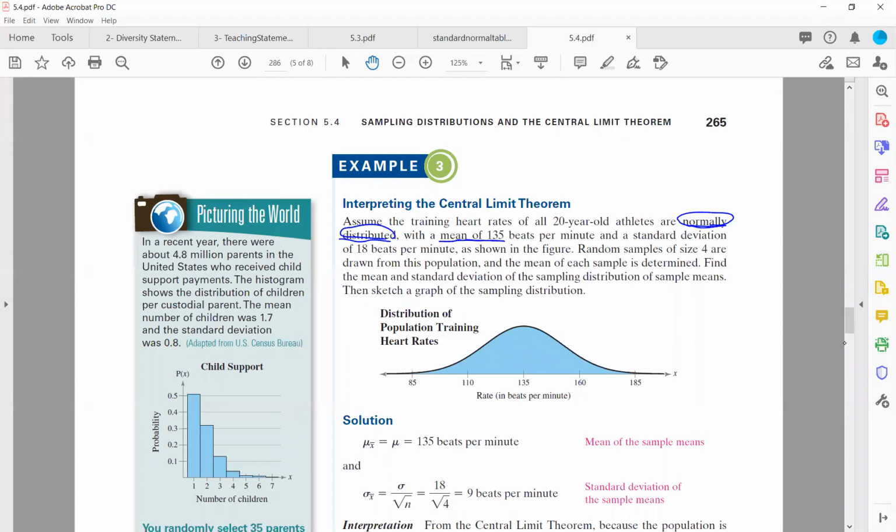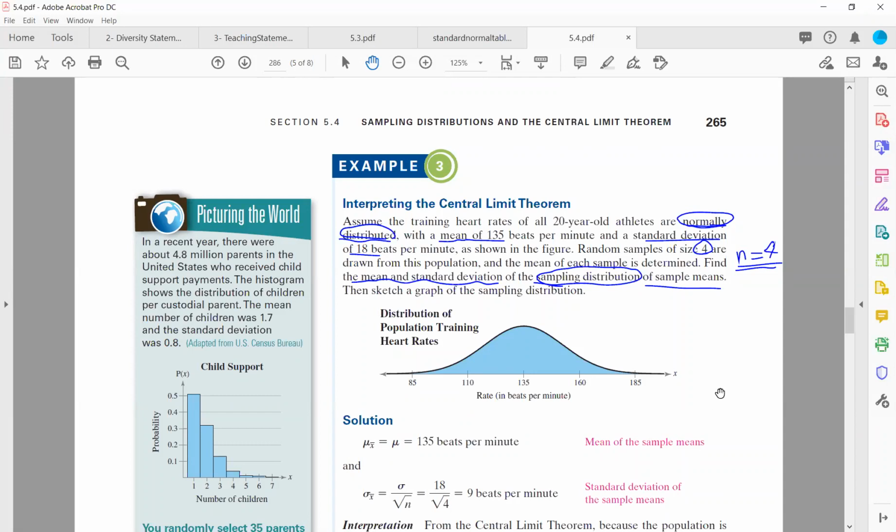The mean of the population is 135 and the standard deviation is 18. Random samples of size 4, so n is equal to 4, are taken from the population. The question says find the mean and standard deviation of the sampling distribution of sample means.